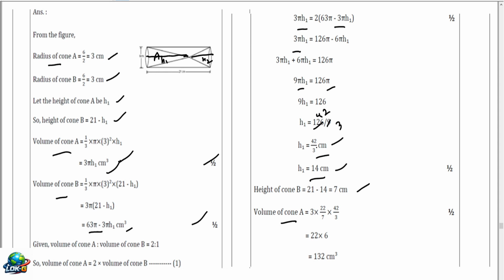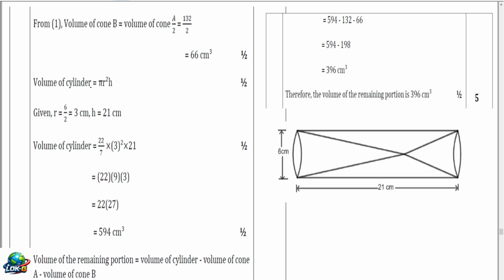Yes, it is 42/3. Simplify, 3 3s cancel. 7 1s are 7, 6s are 1 6 2s are 12, carry 1, 6 to 12 to 132 centimeter cube. You will get half marks for this. And volume of cone B will be equal to volume of cone A by 2. 132/2 will be 66 centimeter cube.